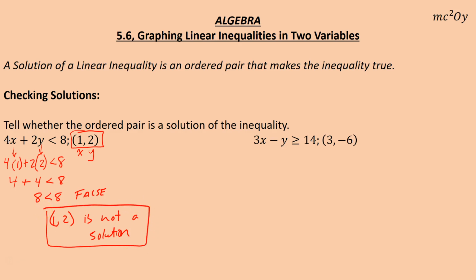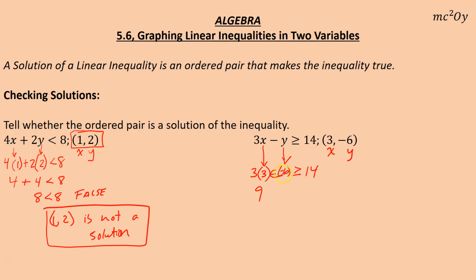Let's try another one. If x is 3 and y is negative 6, you have 3 times x, which is 3, minus y, which isn't y anymore. Let's put some parentheses there. Y is actually negative 6. Is that greater than or equal to 14? Well, 3 times 3 is 9.